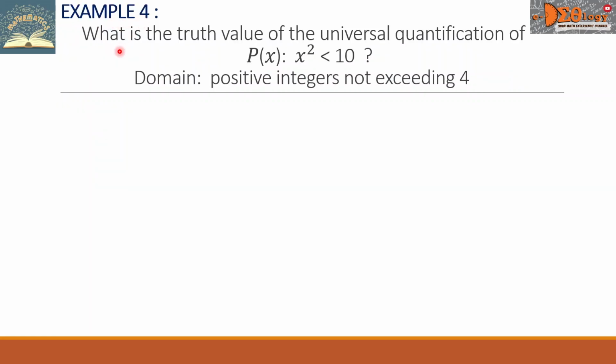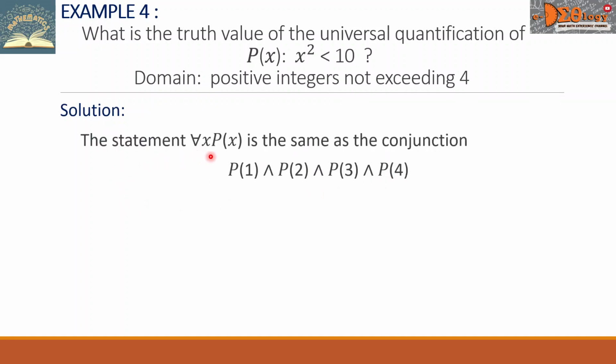Example 4. What is the truth value of the universal quantification of p of x, where p of x is x squared is less than 10? The domain here is positive integers not exceeding 4.